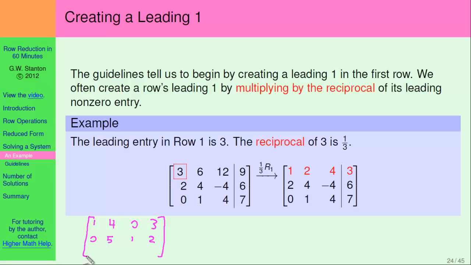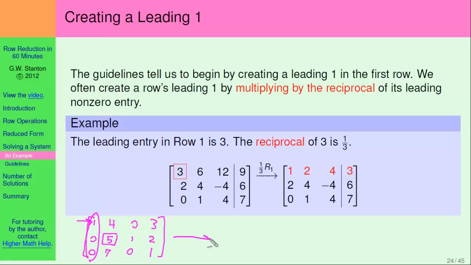In this case, say we're at a step where we've already created a leading one and we've cleared the first column, and we know that the next step is to get a leading one in the second row.